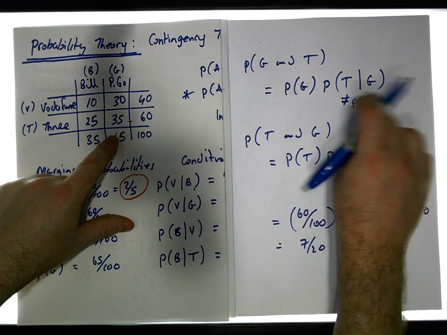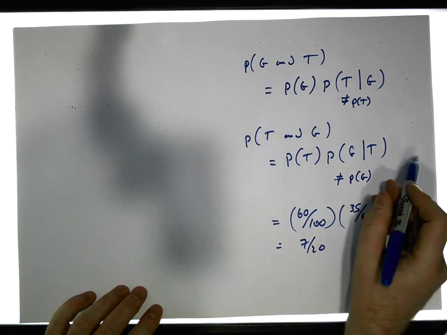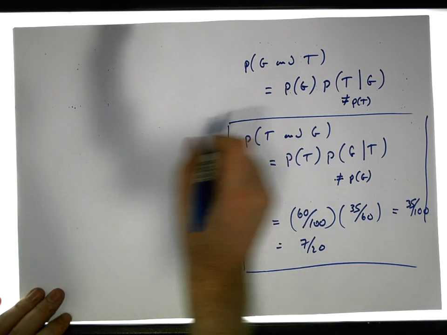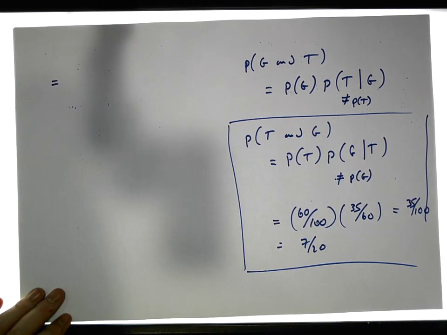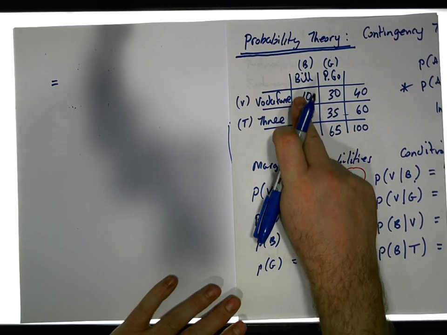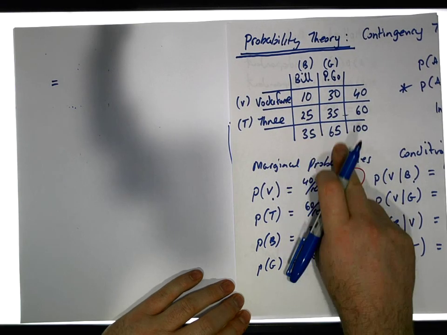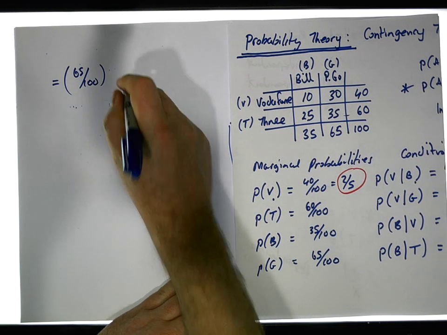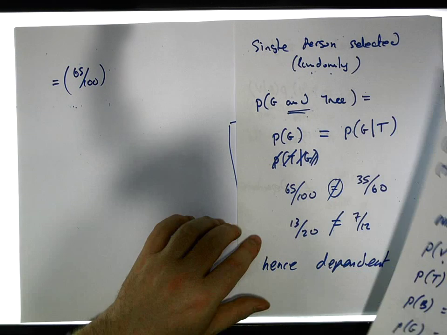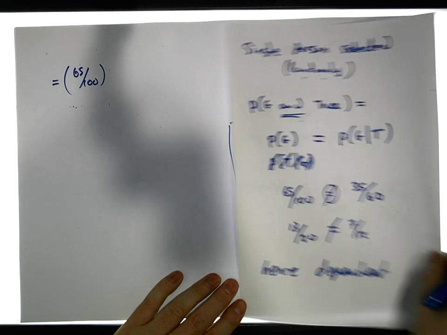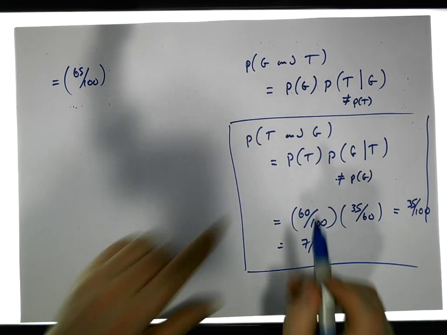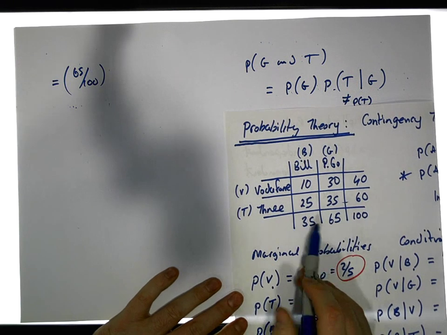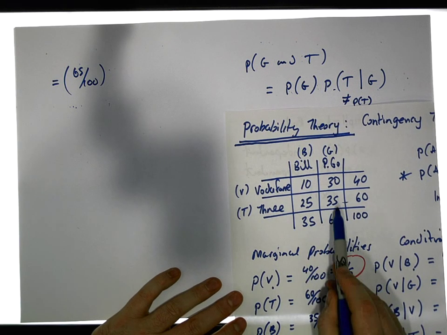What about this one here? This one here is the probability that they're a go customer. The probability that they're a go customer is 65 chances out of 100. Times the probability that they're a 3 customer, knowing that they're go. The chances that they're 3 is 35 out of 100.